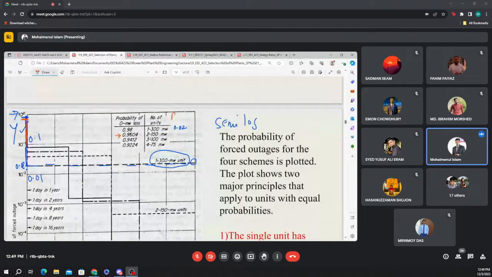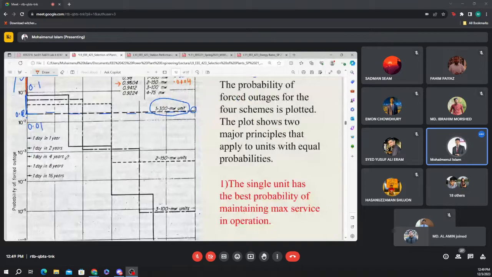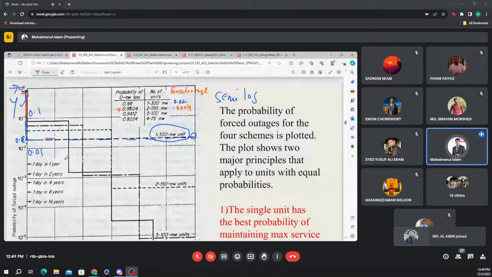That value is very small, so we can write it like that, maybe 0.0004. Okay, so the value should be for two 150 megawatt units.